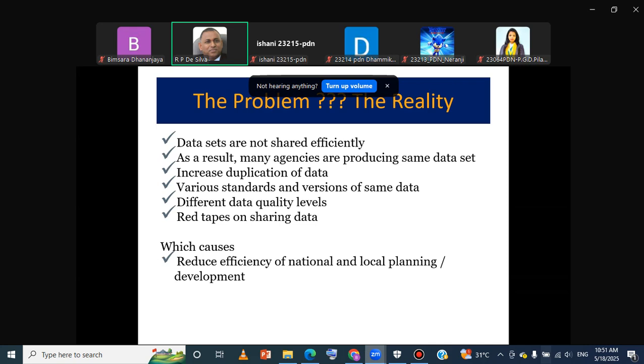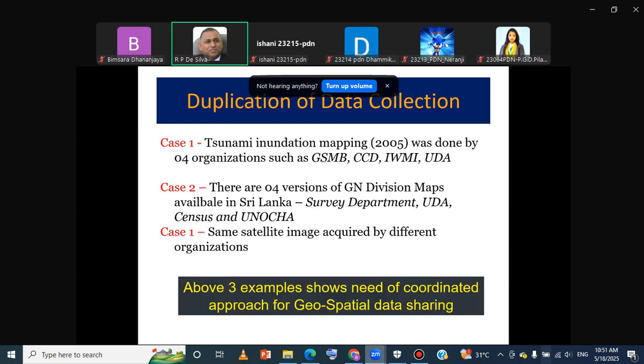Local planning and development, and also national level planning and development work is very seriously affected because of these restrictions. And that can lead to increased budget and increased complexities because we don't see the problem properly. So these are some of the issues.